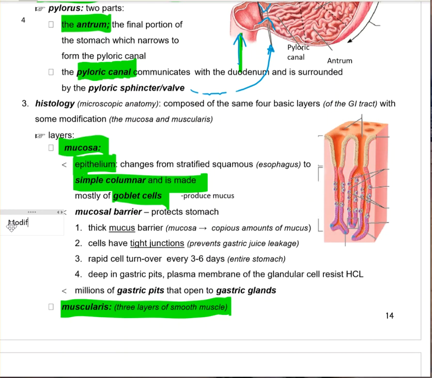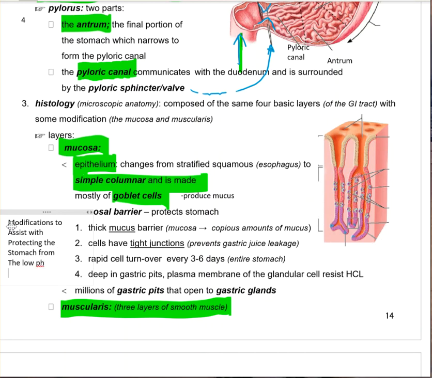And these are modifications to assist with protecting the stomach from the low pH.